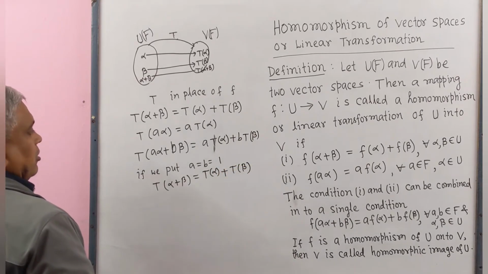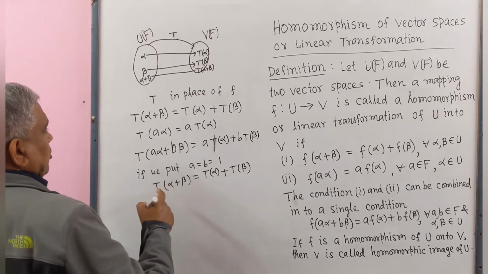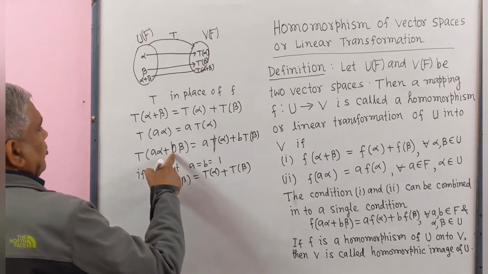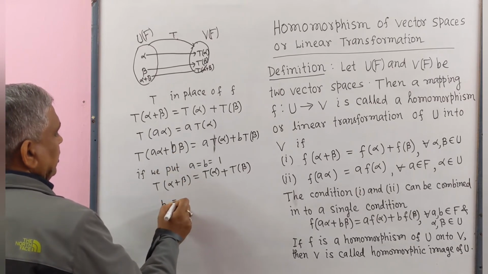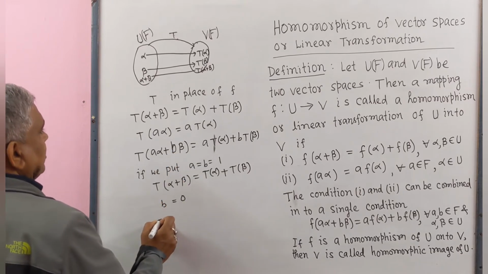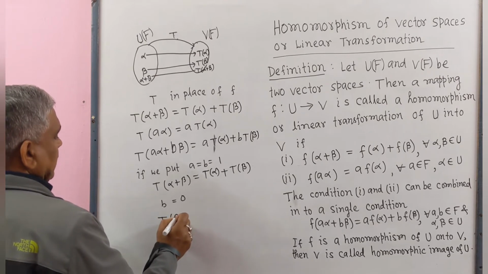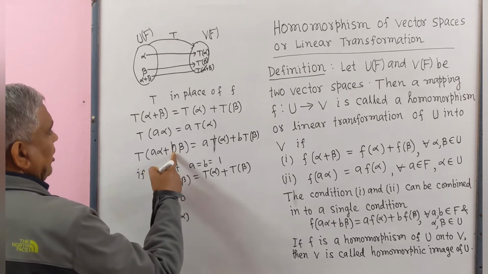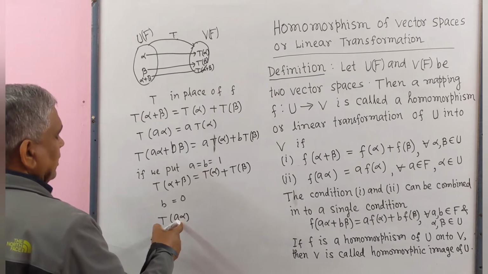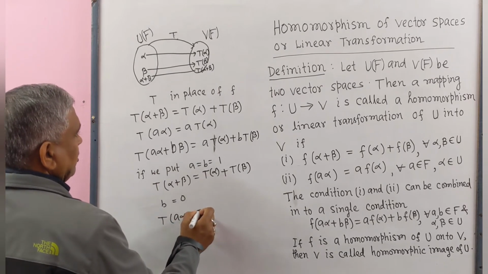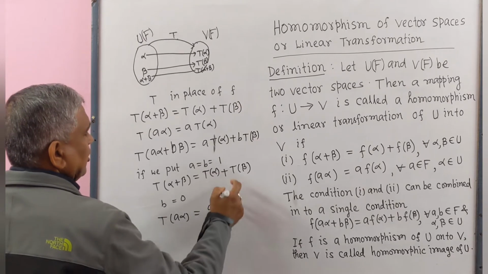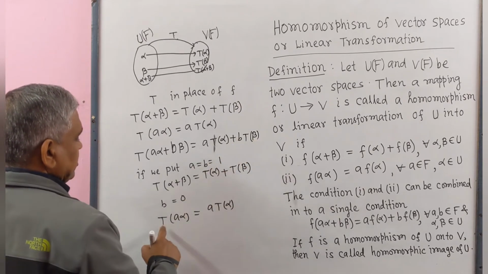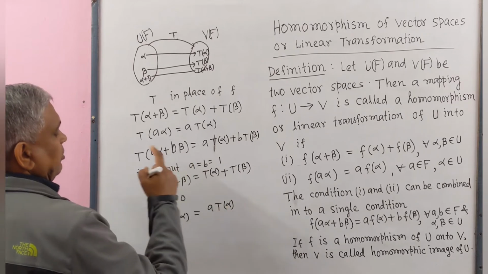Again, for B equal to 0, we get T(A alpha plus 0), meaning A alpha, equals A T(alpha) plus 0, so T(A alpha) equals A T(alpha).